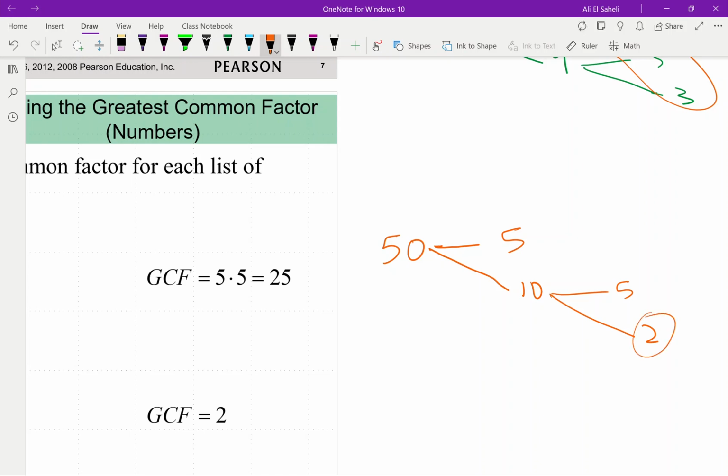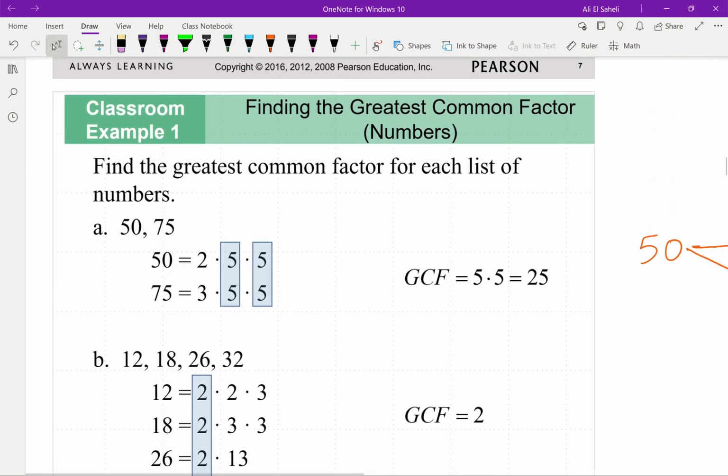These are all now prime numbers. So 50 is 2 times 5 times 5.